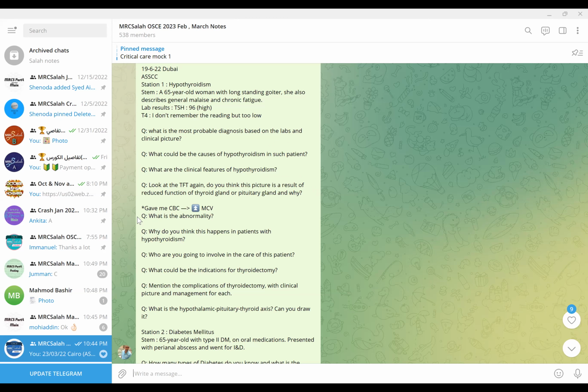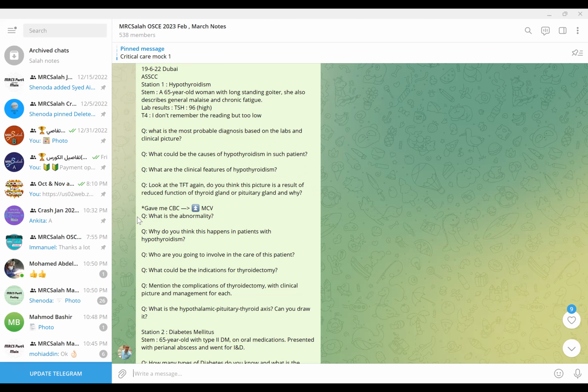What are the indications of thyroidectomy? Indications of thyroidectomy, guys? Yes, it could be cosmetic reasons. It could be for malignancy. A huge size compressing the trachea, symptoms, or cancer, or a toxic nodule not responding to medical management.